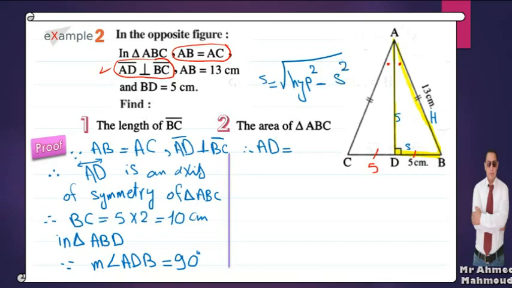Then AD equals the square root of AB power of 2 minus BD power of 2, then AD equals the square root of 13 power of 2 minus 5 power of 2, equals 12 centimeters. Then AD equals 12 centimeters.